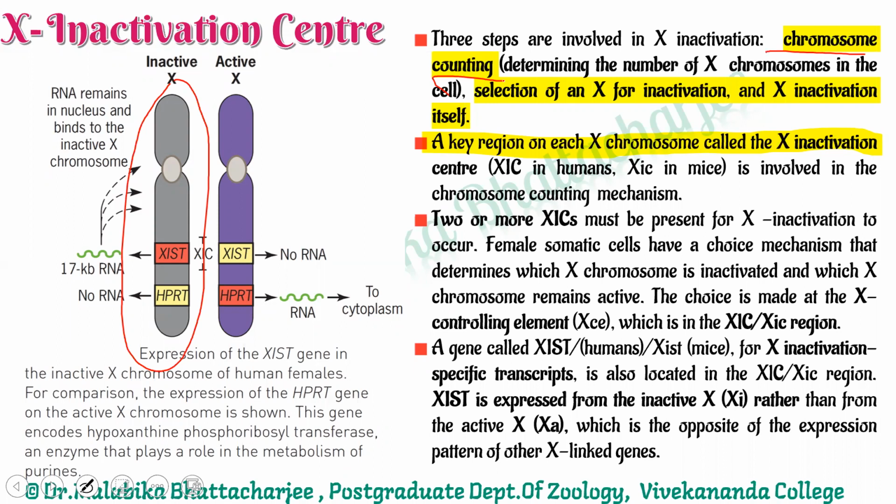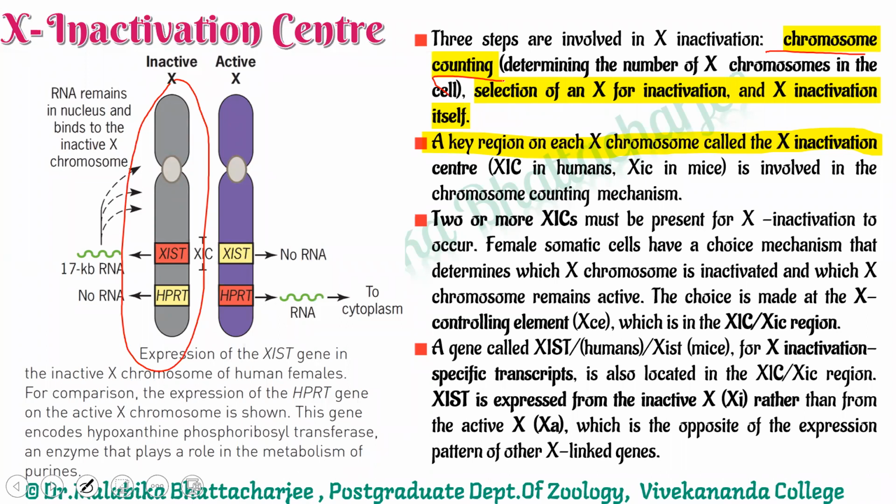If there is only one X, no X inactivation will occur. So the first step is determining the number of X chromosomes in the cell. Once more, if there is more than one X chromosome, then only is X inactivation seen to occur, otherwise not.